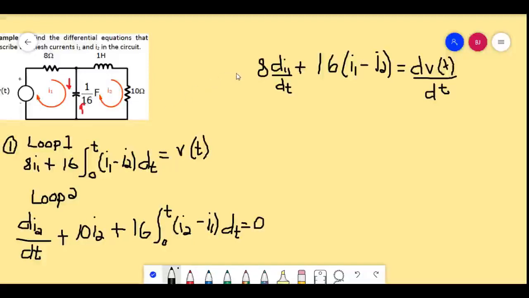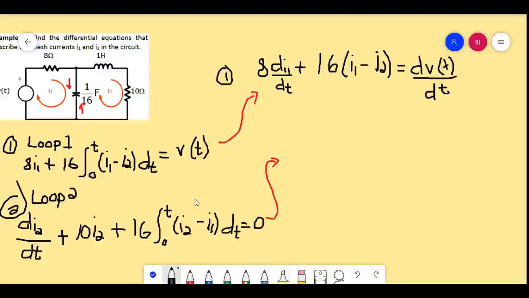So this would be our first equation, or equation 1. Okay, this is our second equation for loop 2. How about for the second equation?